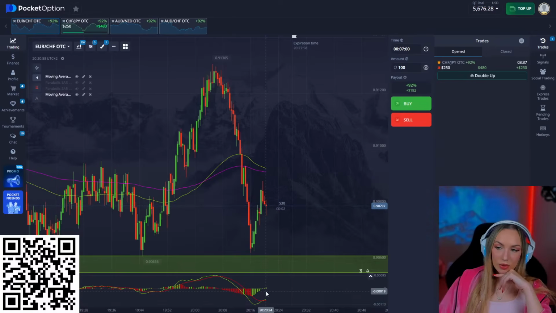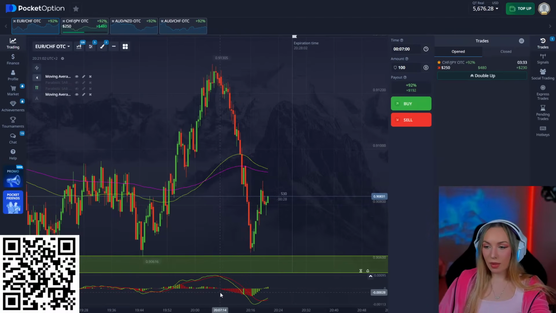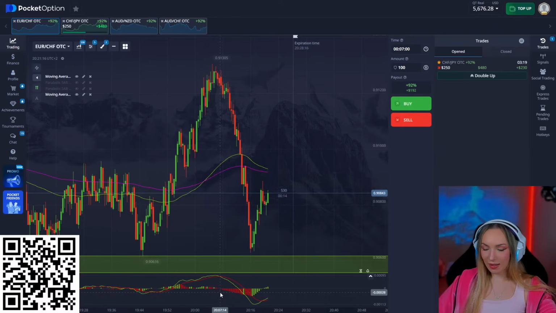Still, I wouldn't recommend you to enter here right now. Maybe we need to wait for more green candles. Bullish candles. And right now it looks like it's going up.